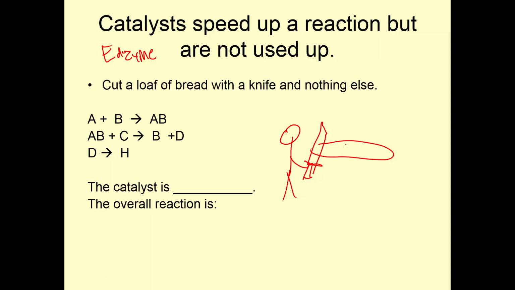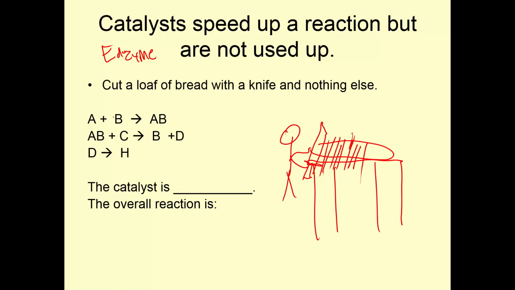It's really hard if I don't have a table to cut it on. If I have my other hands holding the bread, seesawing it back and forth, it's not happening. But if I had a table to cut my bread on, it's really easy. So a catalyst is like a table. The table's still there, the table doesn't change, but having it to slice my bread, chop, chop, chop, is nice and easy.